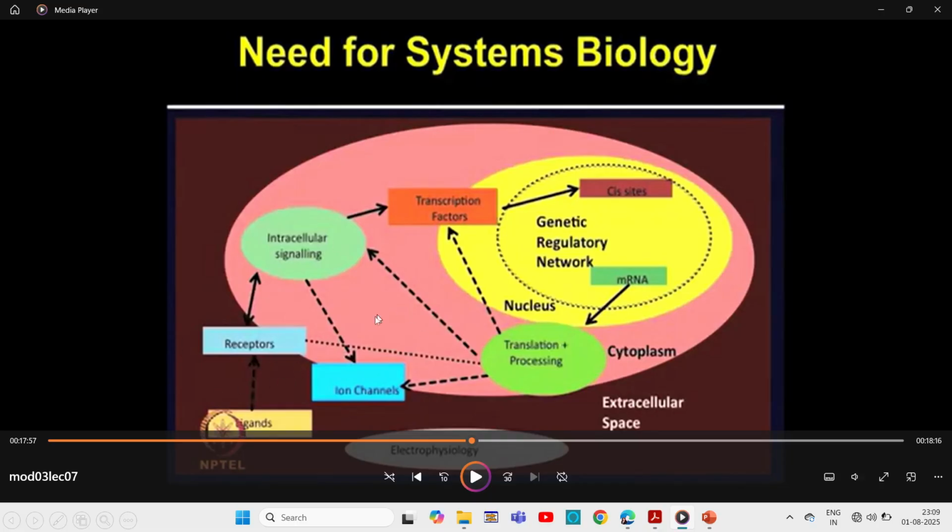All of those things will be deduced or will be understandable only when you take this specific approach of system biology. That is the reason why we need system biology as a concept to understand, for example, one specific molecule itself, to understand the whole idea of that specific molecule.